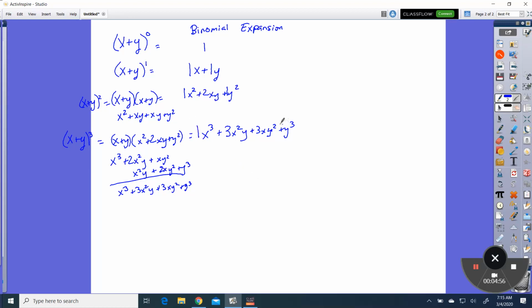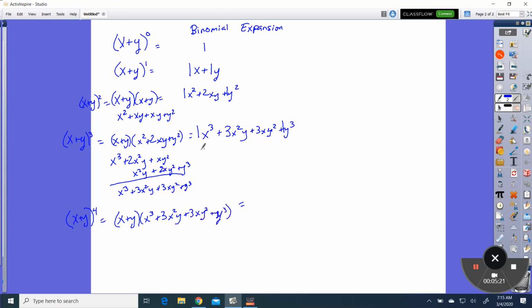But are you seeing any kind of a pattern? I'm not going to multiply the x plus y to the fourth out. It would be this x plus y times the previous stuff. So there starts to be a lot of terms.